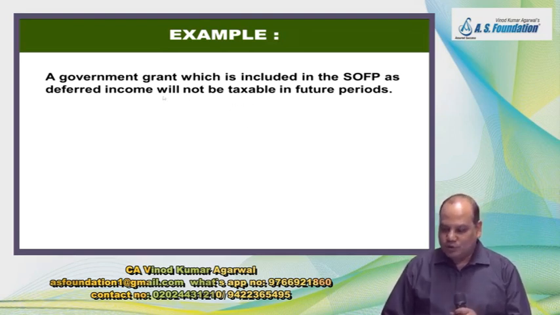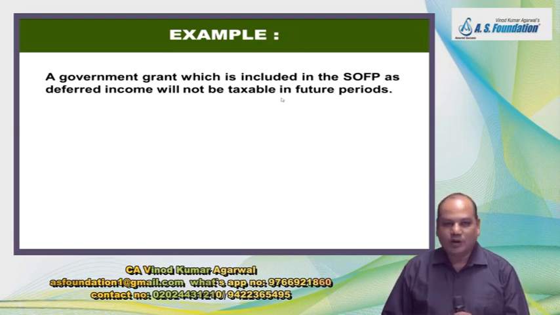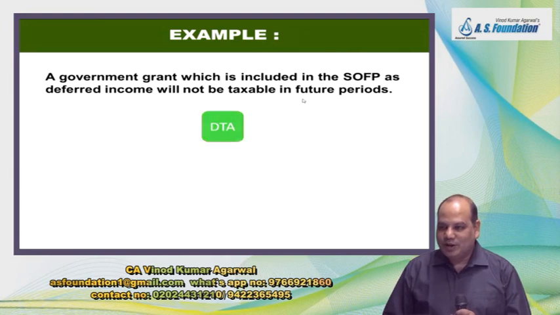Tax saving. You will show it as an income, but it will not appear for income tax purpose. Yes, everything is future. DTA means future, DTL means future. It will have no tax liability in future, but it will appear as an income in the P&L account.